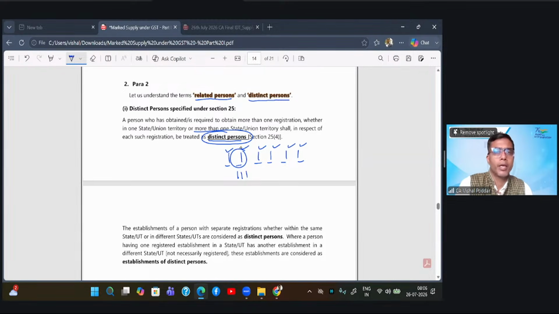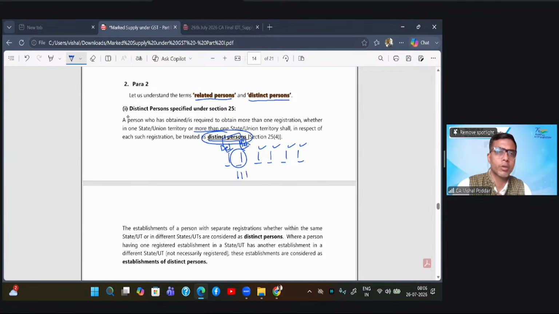Now, let us put it this way. So this is my Delhi office and this is my Maharashtra office. If anything is sent by my Delhi office to Maharashtra office, let us say there are laptops kept in Delhi office which are not of much use over there, so I asked the Delhi office to send it to my Bombay Maharashtra office. When my Delhi office will send the laptops to Maharashtra, since both are me only, there is no consideration flowing.